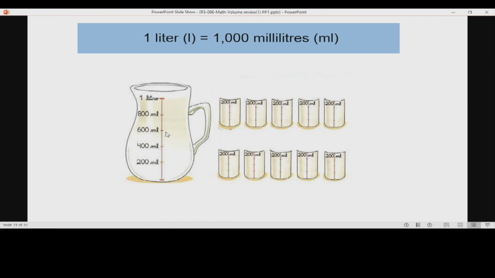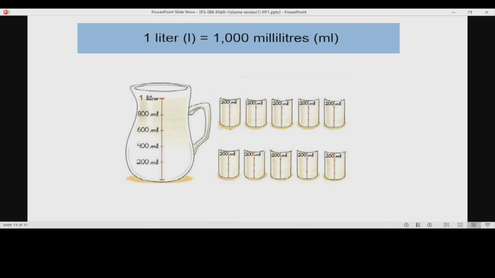So let's see. Our jug, what's the capacity of the jug? 1 litre. And what's the capacity of each glass? 200 millilitres. So how many glasses of 200 millilitres will it take to fill a jug of 1 litre? 5.